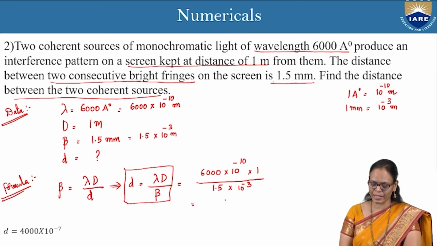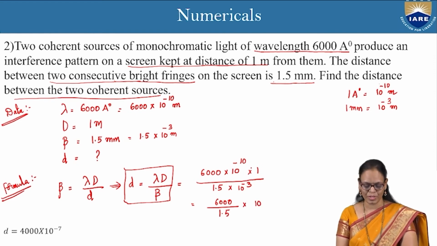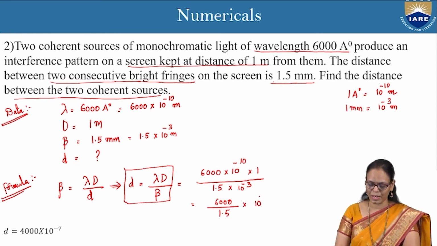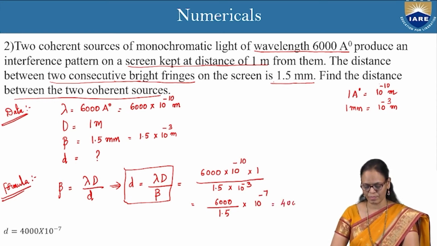So we can simply write this as 6000 divided by 1.5 into 10 power minus 3 plus 3, so it will be minus 7. 6000 by 1.5 will be 4000 into 10 power minus 7.